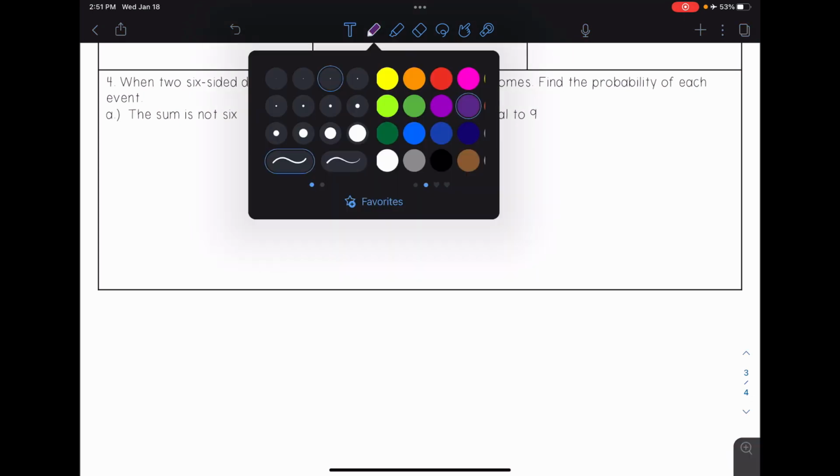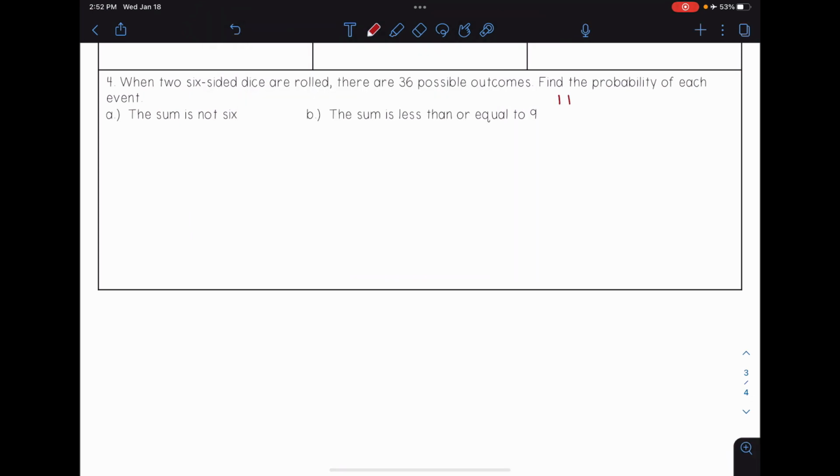So I could have 2 1s, 1 2, 1 3, and so on. I'm going to pause and draw out the rest of those outcomes.